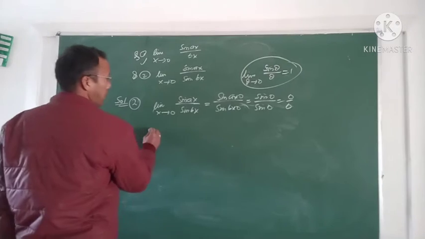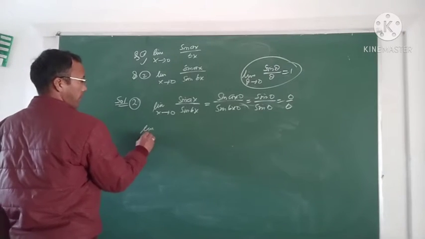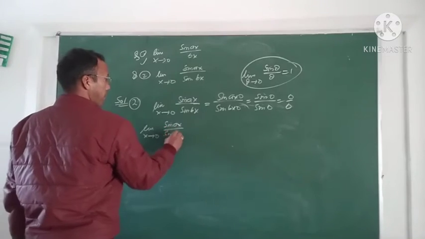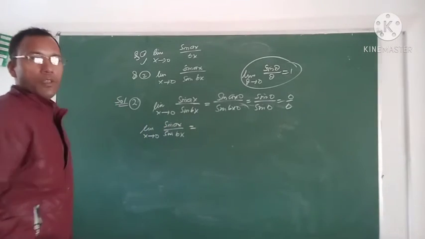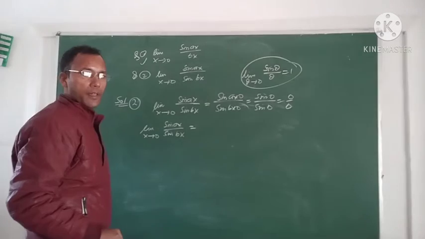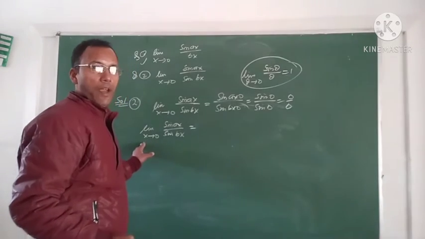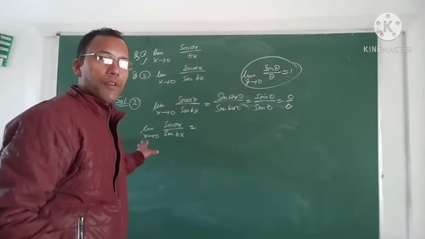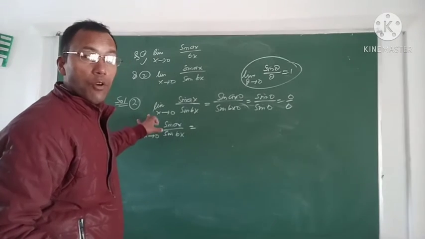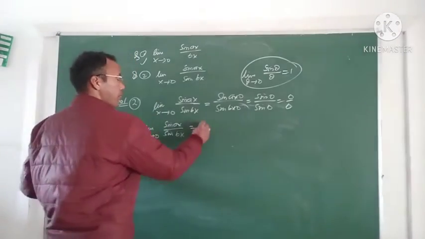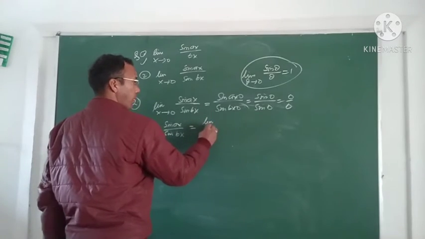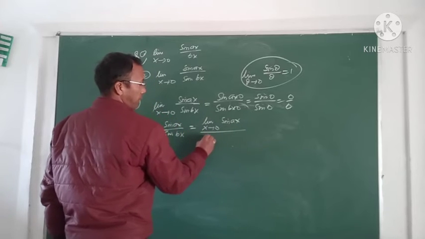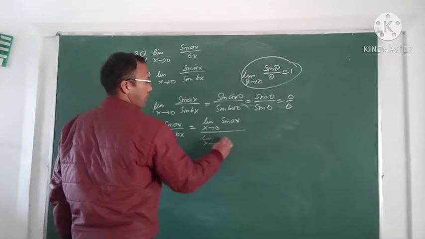So now let us write limit x tends to 0 of sin ax upon sin bx. We know the rules of limits, where we can apply the limit on the numerator as well as on the denominator. So this is limit x tends to 0 of sin ax upon limit x tends to 0 of sin bx.